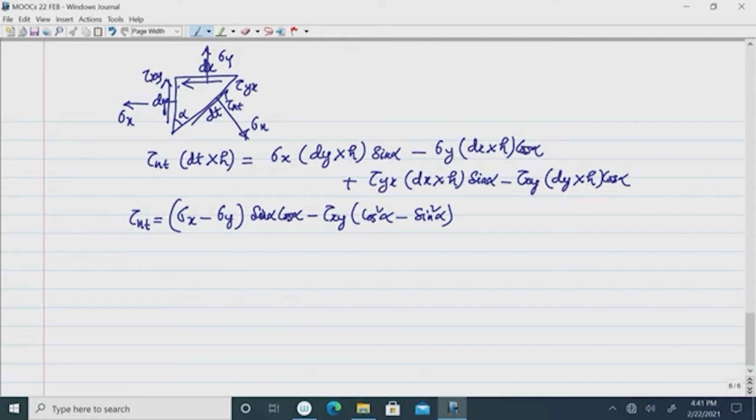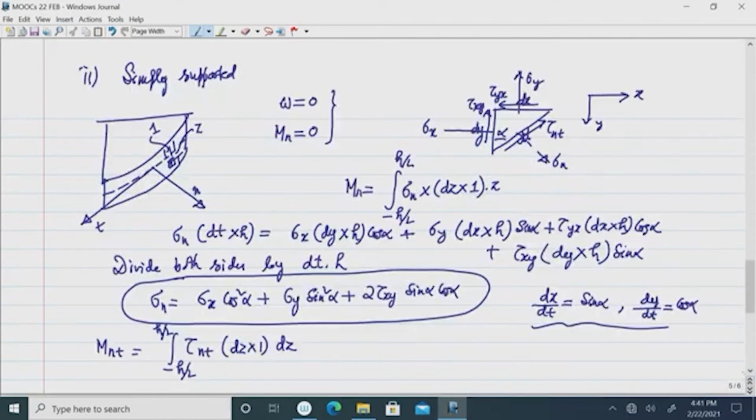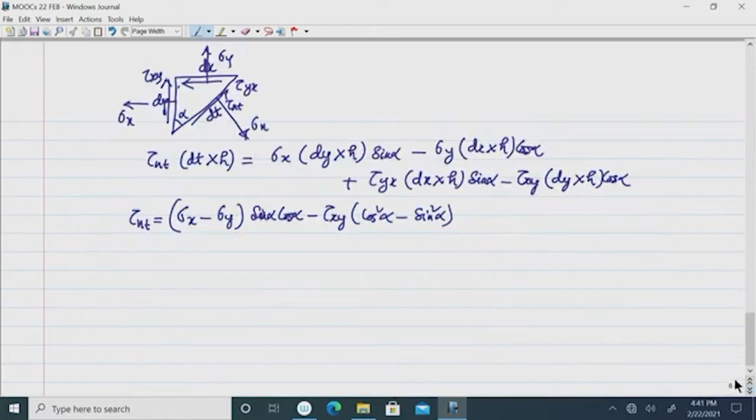So, based on that expression, what we described in the previous slide, we can obtain this m nt by just substituting tau nt that we have obtained here in this equation. Now, the boundary condition along the simply supported edge is w equal to 0 and m n equal to 0.